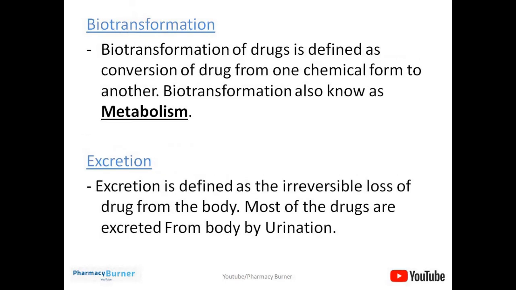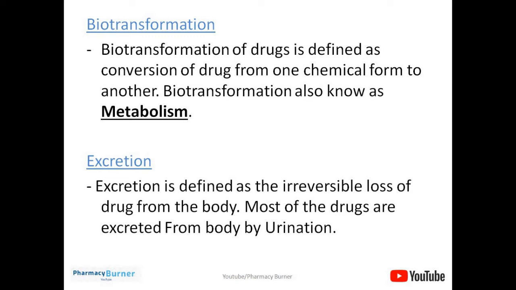Next is biotransformation. Biotransformation of a drug is defined as conversion of the drug from one chemical form to another. Biotransformation is also known as metabolism. Most of the drugs are metabolized in the liver. Next is excretion.